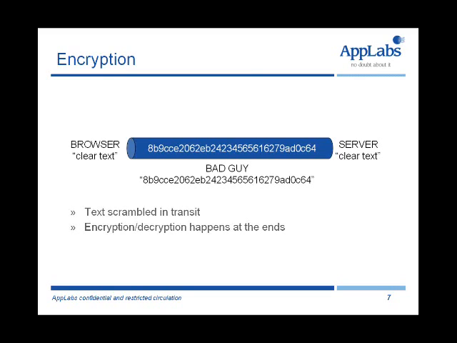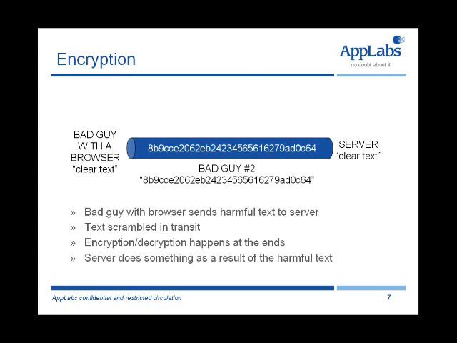The bank server and my browser have negotiated the encryption, and so as we transfer information back and forth, we can encode and decode that information so that it's readable and presentable in our browser. While those messages are in transit between the browser and the server, they are encrypted, so anybody who happens to see the messages sees just the encrypted text.